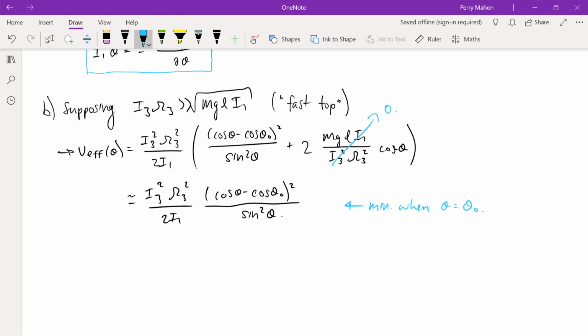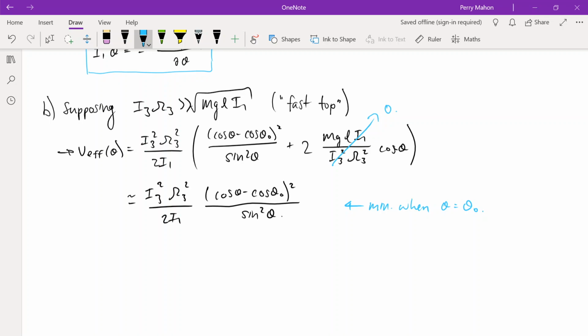Another aspect of this fast top approximation: further implementing it, we say that the total energy, which is a sum of the kinetic term plus this V effective, is really dominated by the kinetic term.